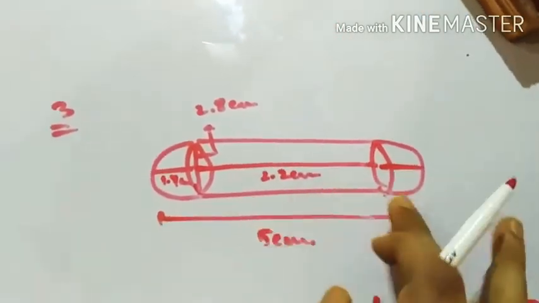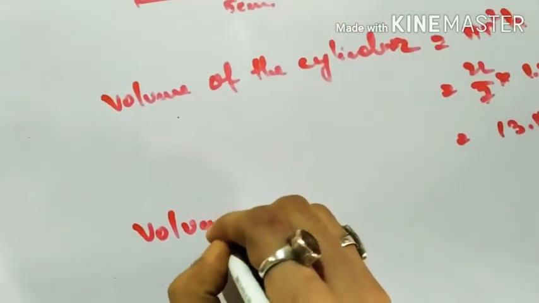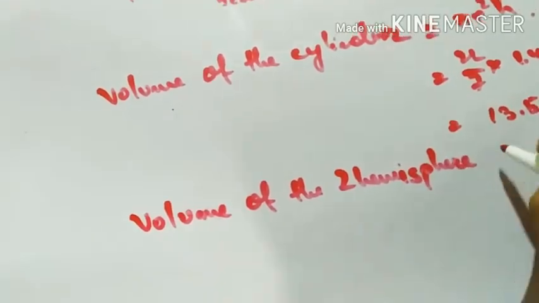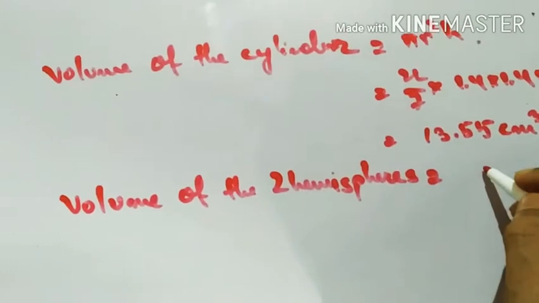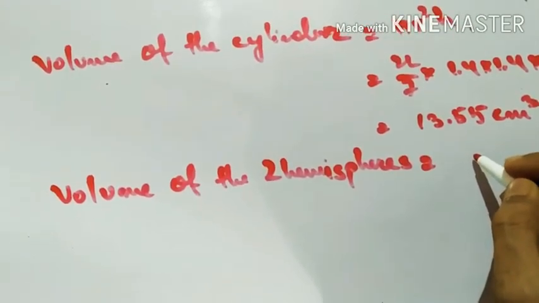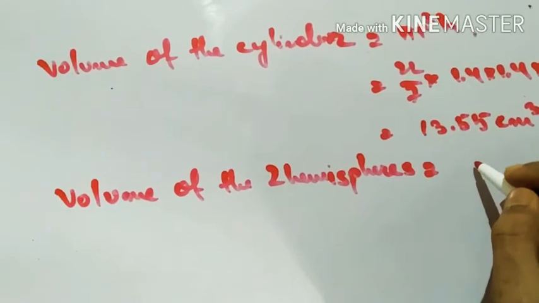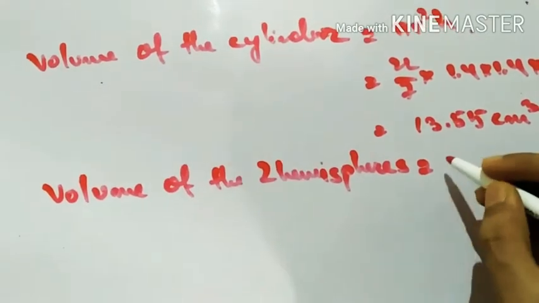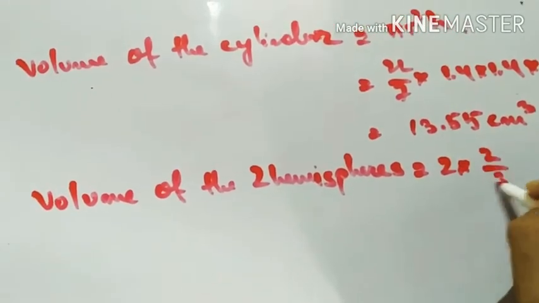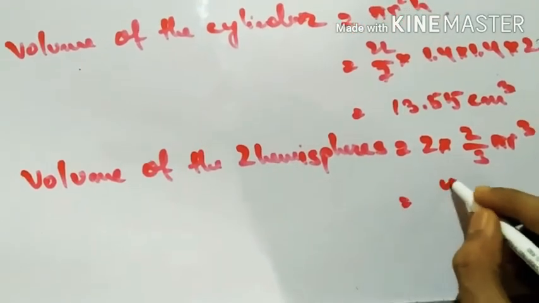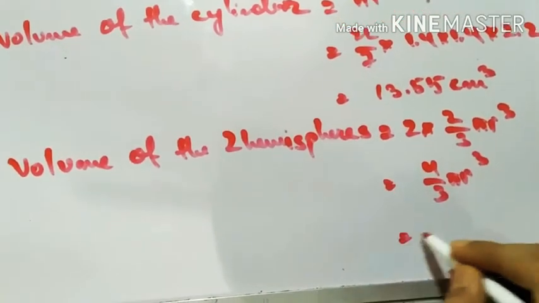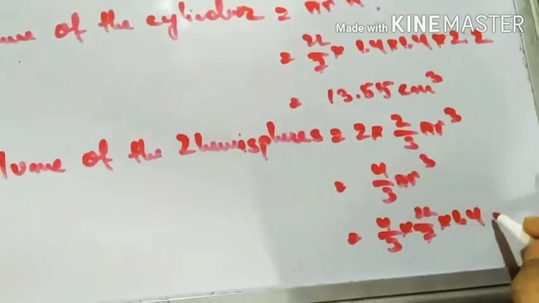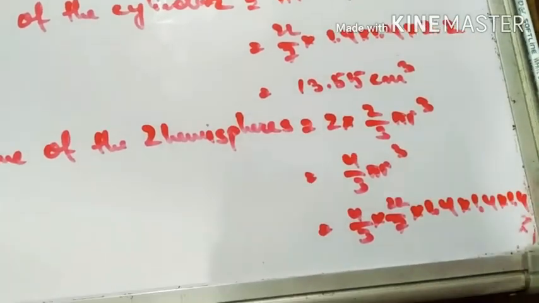Next, I will have to find the volume of the two hemispheres. The formula to find the volume of a hemisphere is 2 by 3 pi r cube. So finding the volume of two hemispheres, 2 into 2 by 3 pi r cube is equals to 4 by 3 pi r cube, which is 4 by 3 into 22 by 7 into 1.4 into 1.4 into 1.4.